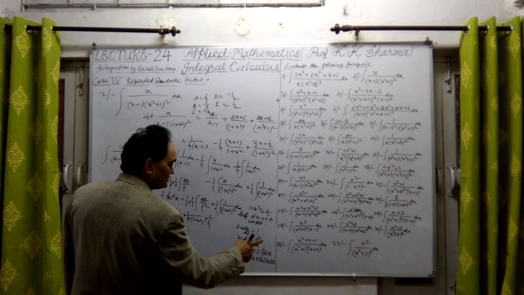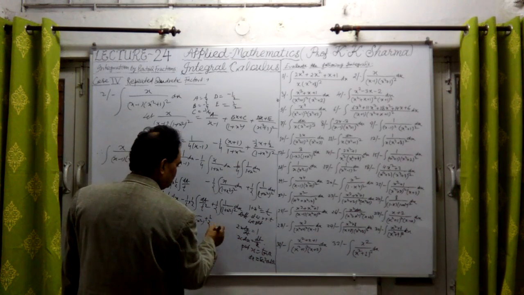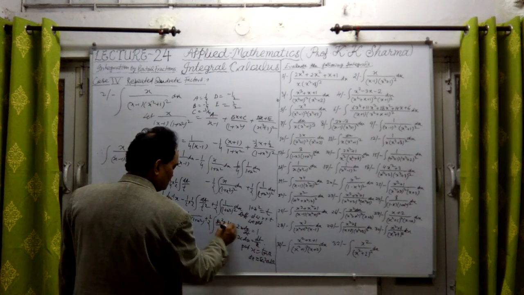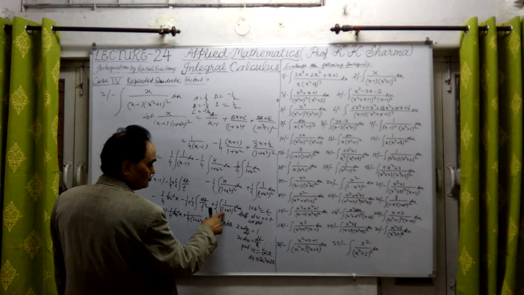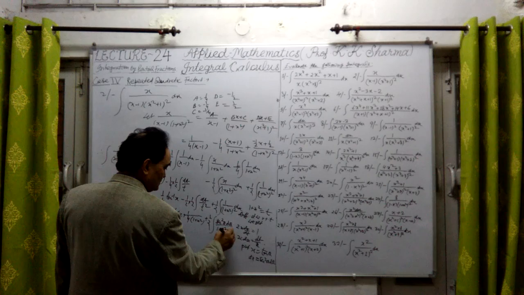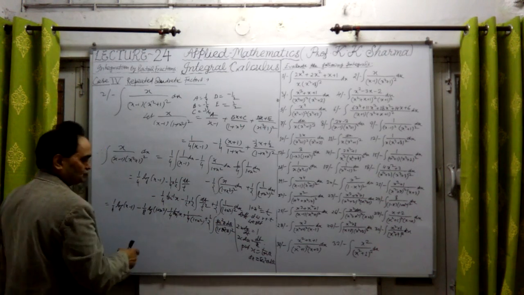Take d theta to that side, put dx equal to sec square theta into d theta. Now let me substitute here. It is sec square theta into d theta upon 1 plus tan square theta whole square. Okay, the last one we are talking about.